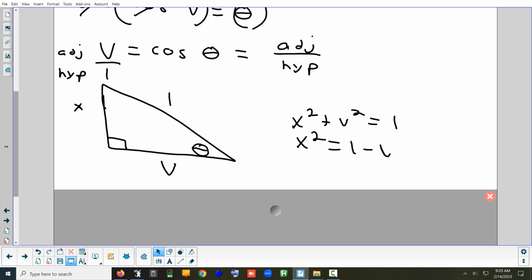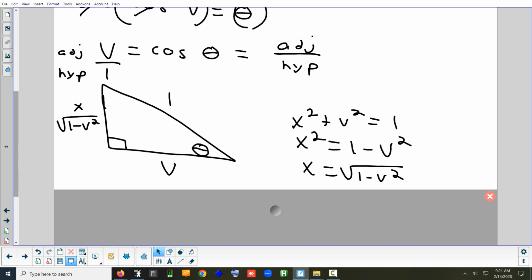So x squared is 1 minus v squared. So what's x? Yeah. Square root both sides. And there is nothing you can do to simplify that. That's as simple as that answer for x gets. So this side is the square root of 1 minus v squared.